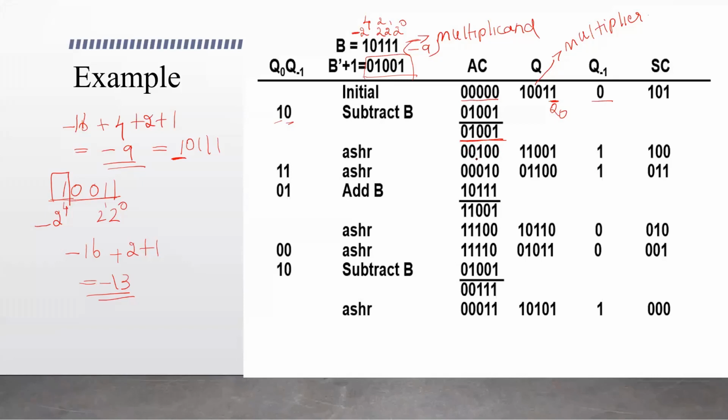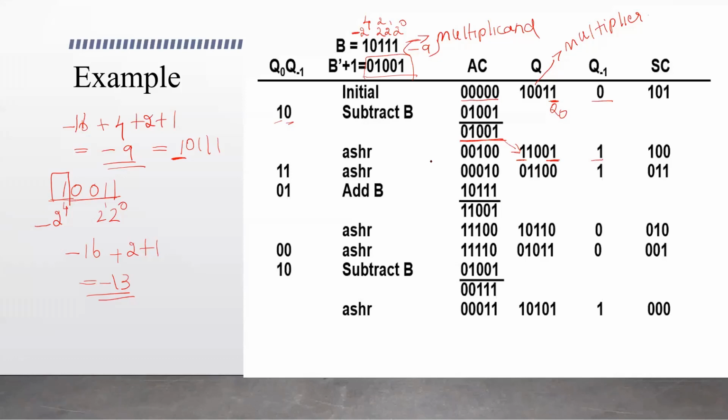So you get 0 1 0 0 here, and this 1 moves to the next register. So that 1 will come here, and the other bits of Q will be written, shifting one position right, 1 0 0 1, and the least significant bit will come here to Q minus 1. So now the value of Q minus 1 is 1, and Q naught is 1.